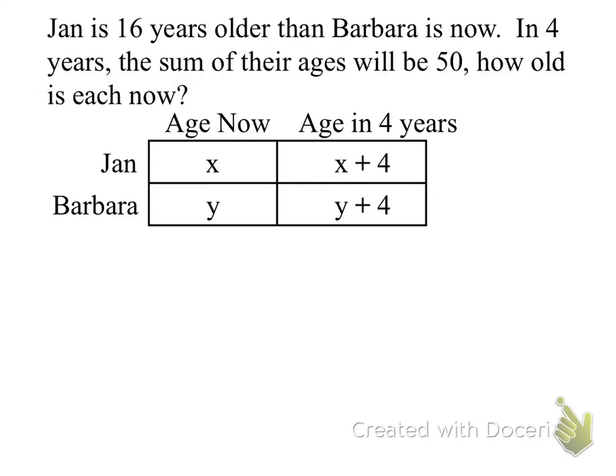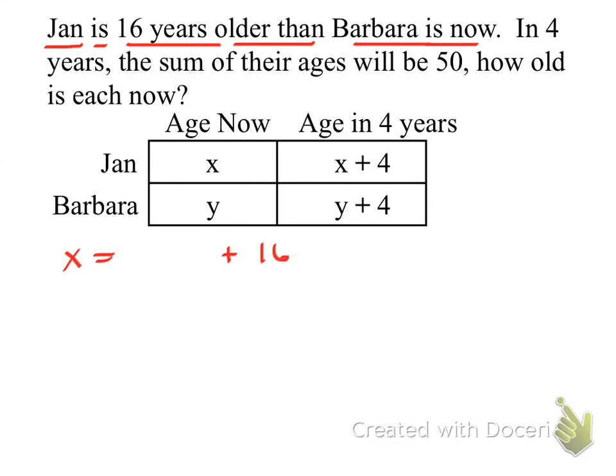And in this problem, it's actually given me something that I can translate. Jan is 16 years older than, and notice it says older than, Barbara, and they're saying now. 16 years older than, what do I write for older than?